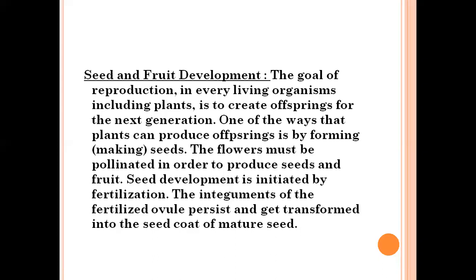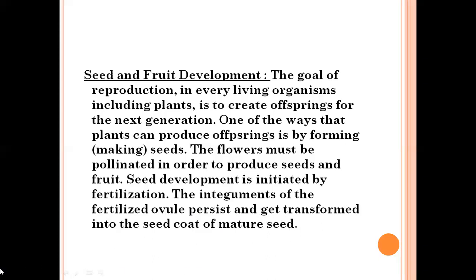The integuments of the fertilized ovule persist, meaning whatever integuments are there in that anatropous ovule remain up to seed formation. Outer integument and inner integument are both converted into the seed coat of the mature seed.